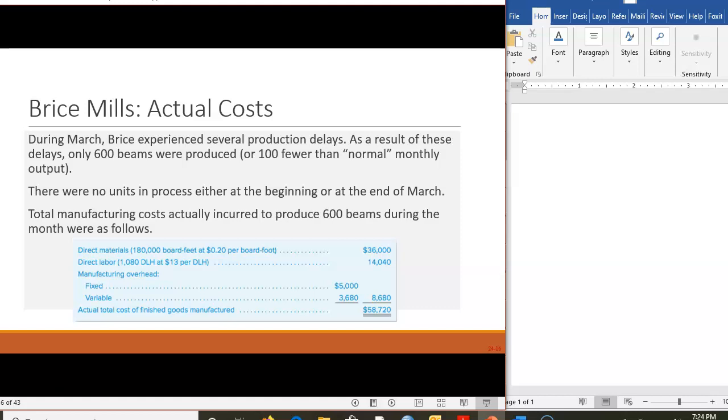As you can see, we already have some variances, because it tells us that those 600 beams were 20 cents per board foot. Our standard cost was 25 cents per board foot, so we made those beams at a lower cost. However, our standard direct labor rate was $12, and we show here that we paid $13 in direct labor. How did we apply fixed and variable overhead? Is there a variance there?